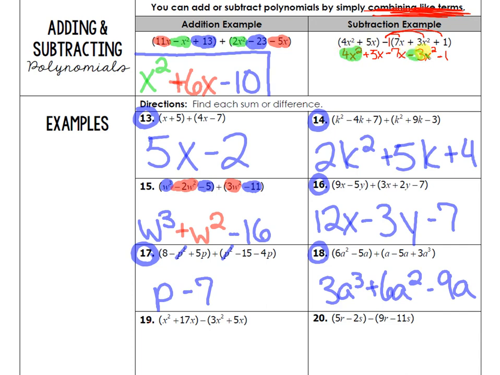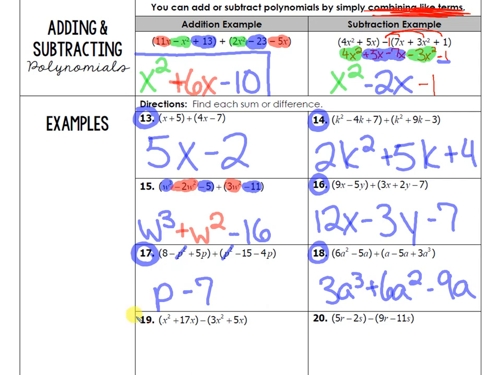So we're going to start out with my highest exponent, which are my x squared. 4x squared minus 3x squared is just going to leave 1x squared. Then my next set, positive 5x minus 7x's, which is going to leave me with negative 2x's. And then I have this negative 1 all out by itself, minus 1. We're going to do one more on this video.